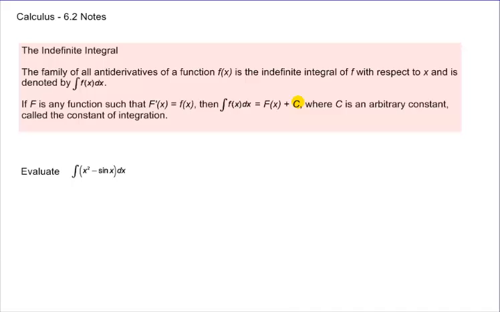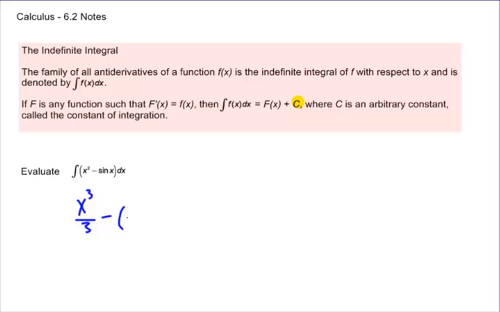So let's look at an indefinite integral here. I've got the indefinite integral of x squared minus sine x. When you're working with integrals and you've got exponents, you add 1 to that exponent when you integrate it. 2 plus 1 is 3, and then you divide by that new exponent. And then minus, the derivative of what thing is negative sine?